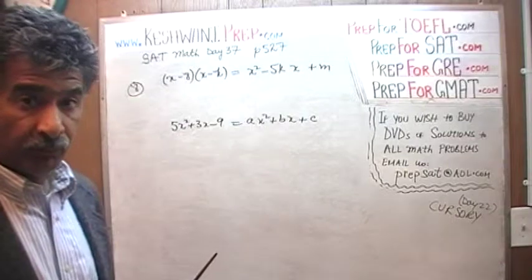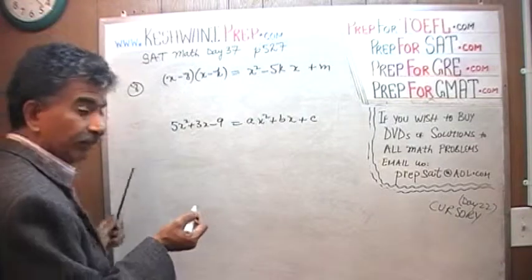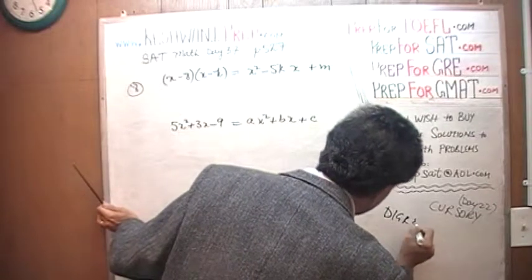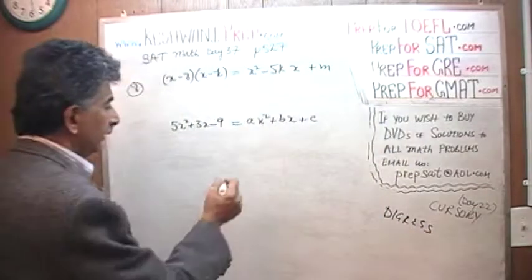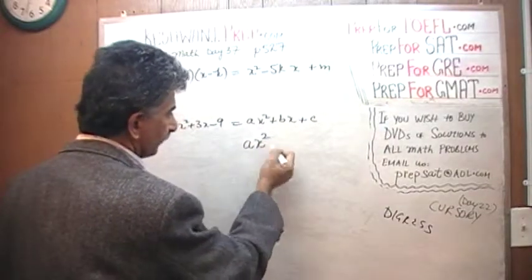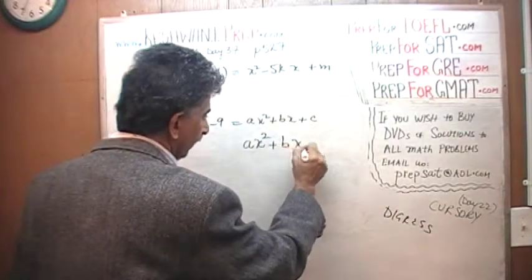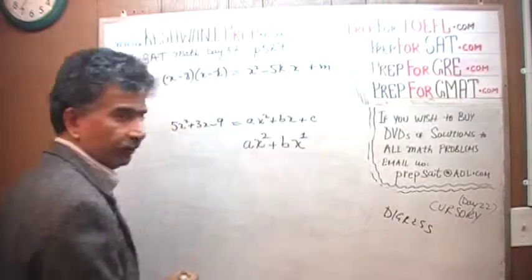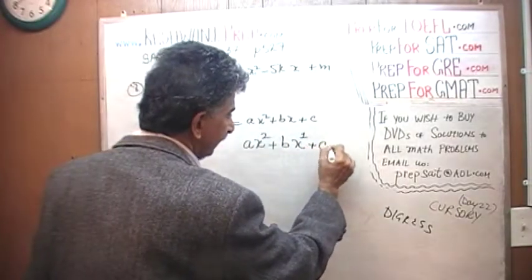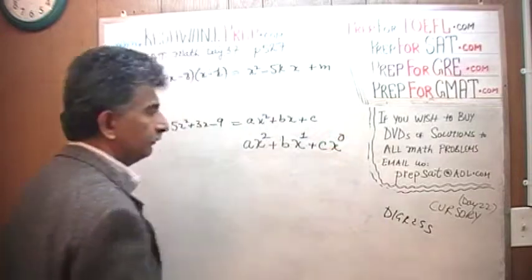You know what it is a coefficient of? Watch what happens. I'm digressing here big time. You see here we have a times x squared. Then we have b times x, which is b times x raised to the first power. And finally the c that you see there, technically speaking, is c times x raised to 0.